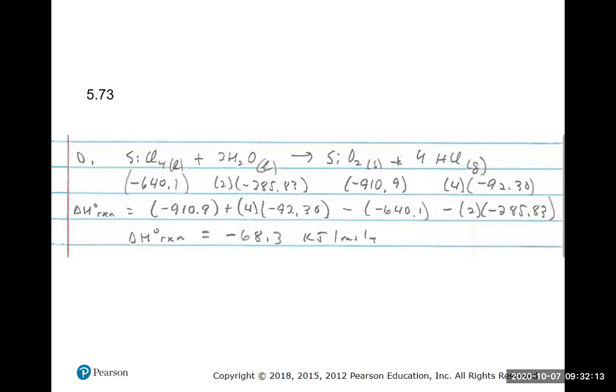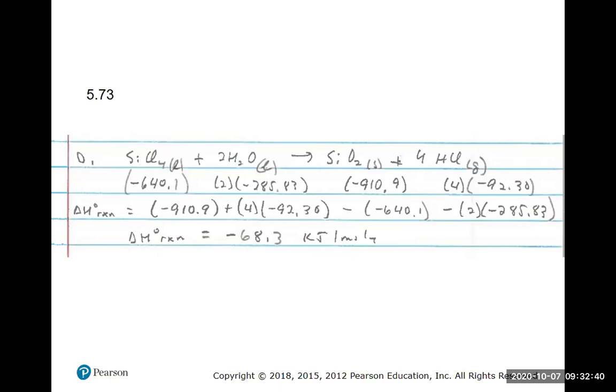I have a 2 in front of the water one and a 4 in front of the HCl one. Why did I do that? I did that because of the coefficients in my reaction. It's saying in this reaction, it's 2 moles of water, 4 moles of HCl. So I need to reflect that in my formula when I do the math.